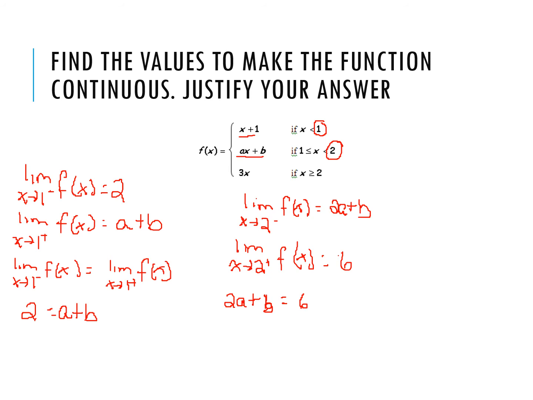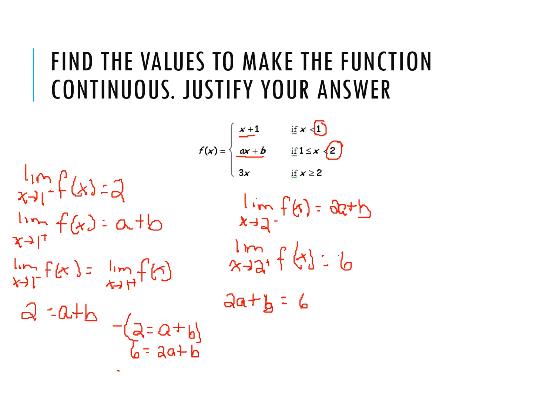I have two equations, two unknowns. I'm going to have to go back to my Algebra 1 skills, so I'm going to use systems of equations. If I have 2 equals a plus b, and 6 is equal to 2a plus b, I'm going to multiply the top by negative, and then add those together.